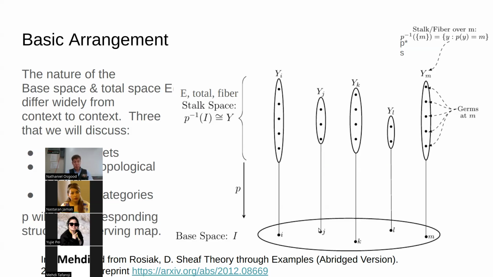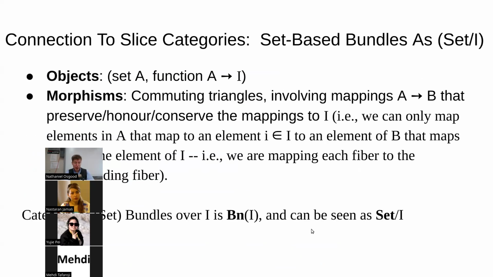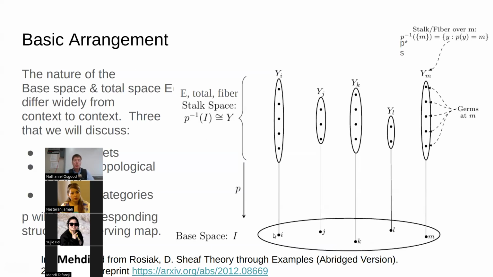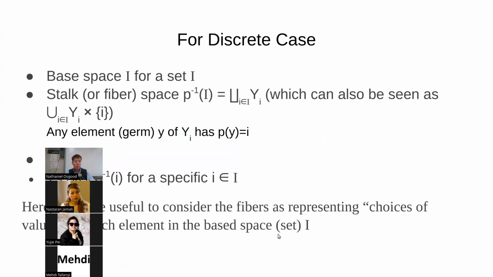Maybe this is a choice of province, a set of choices for the province or something like that. But it's a little bit more subtle than that, because often this is a set that itself we can draw elements from. But I'd like to think of these as choices of possible values for this.